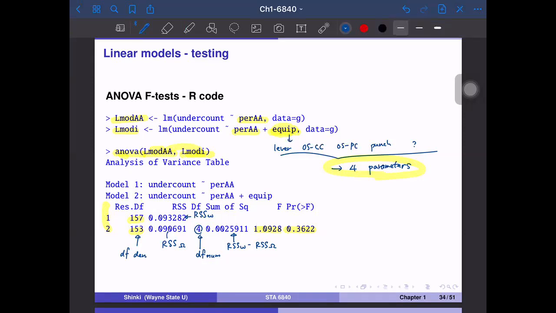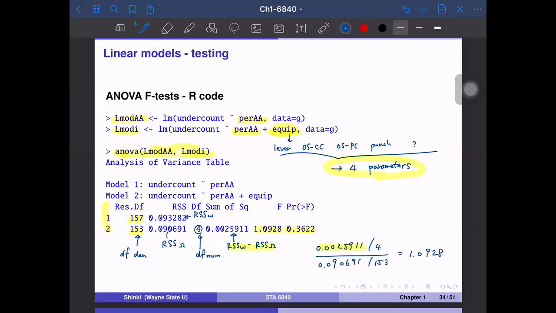This is calculated by 0.0025911, which comes from here, divided by 4, over RSS capital omega. So that is 0.090691 divided by 153. So this is actually equal to 1.0928.